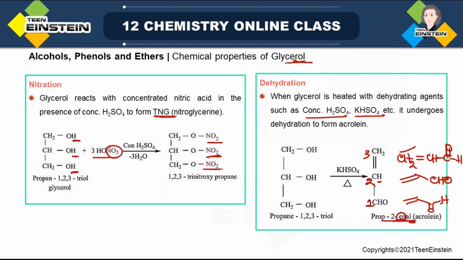It may be drawn in any of these formats, right? It is actually the same molecule, but you can draw it in different ways. So when it is dehydration, the final product is acrolein. But remember, the dehydrating agent is either concentrated H2SO4 or KHSO4.